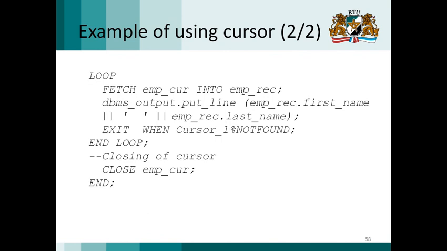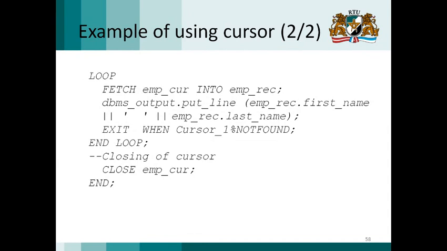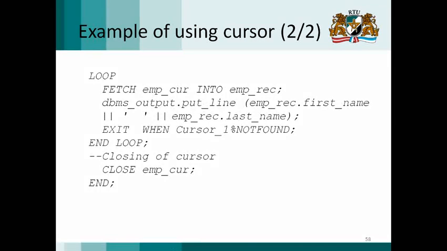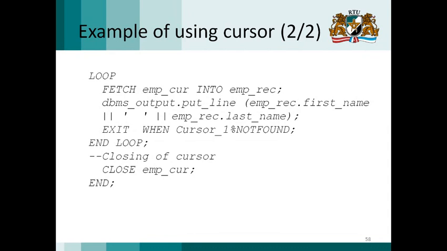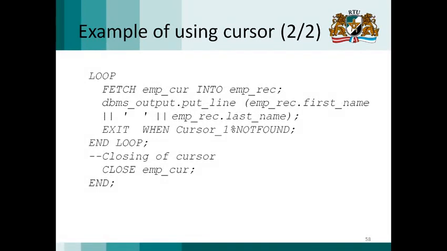In this case it is a simple loop. We fetch this employee cursor into the employee record, which we have defined at the beginning of this block, and write on the screen the employees that we have acquired: first name and last name. And we exit when the cursor is not found. Then we end the loop and close the cursor.